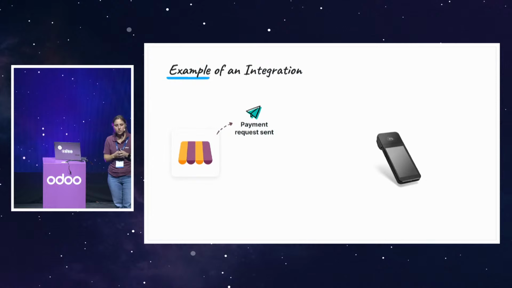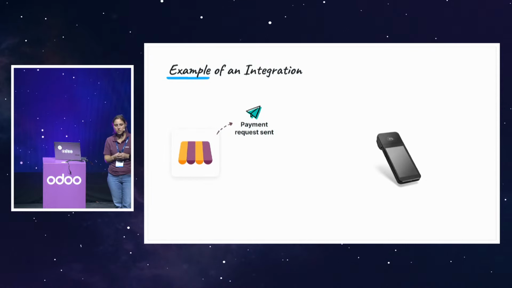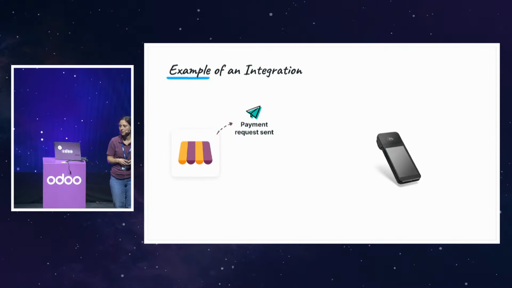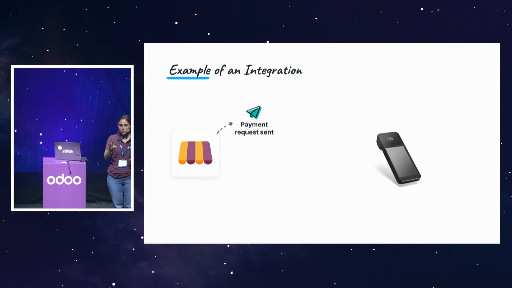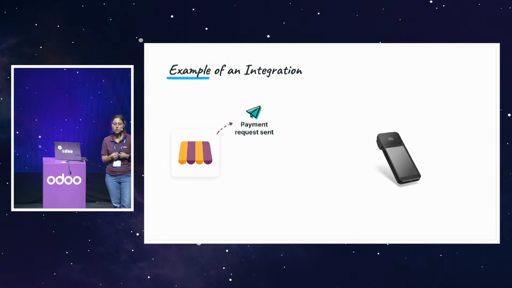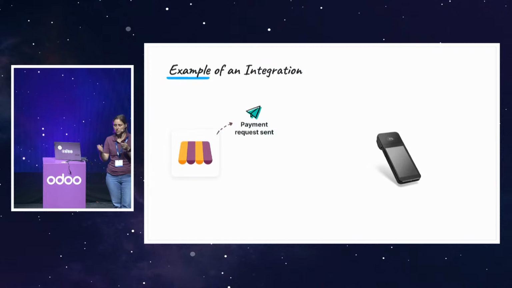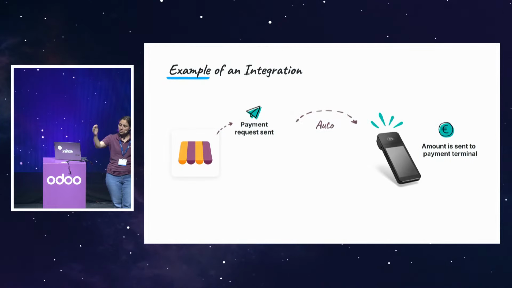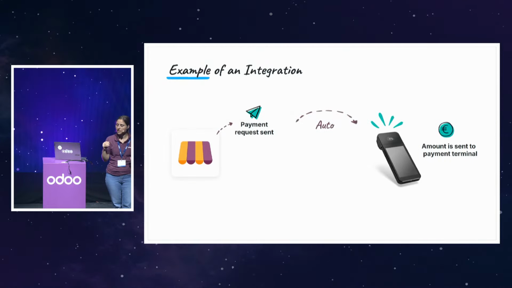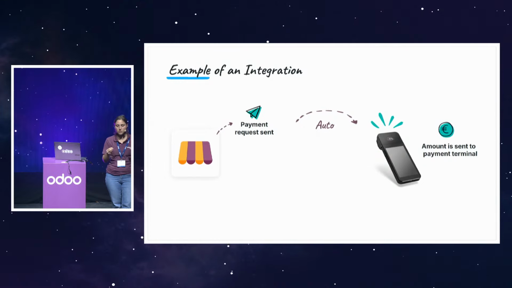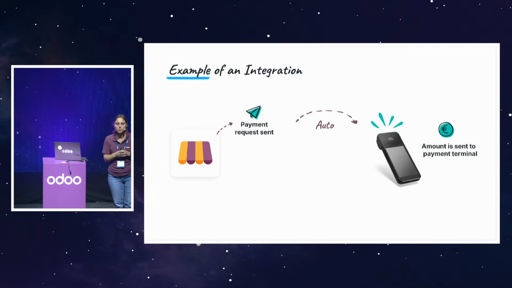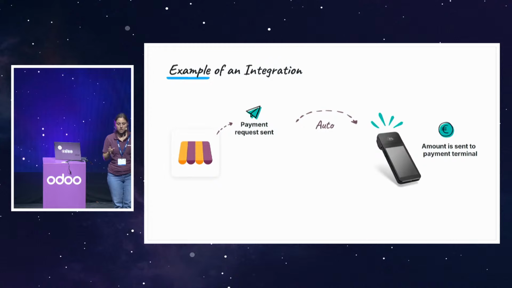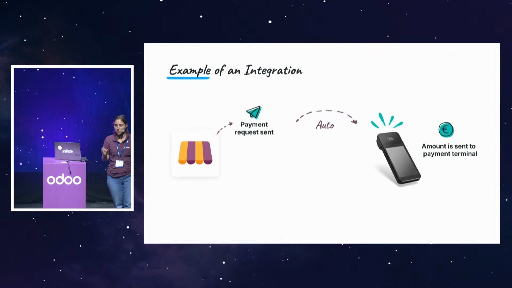Of course, you can also use this hardware without it. I'm going to explain that just after. When you have a POS order transaction, you send the payment request, and it goes automatically to the payment terminal. The amount is sent to the payment terminal without any manual encoding by the cashier.